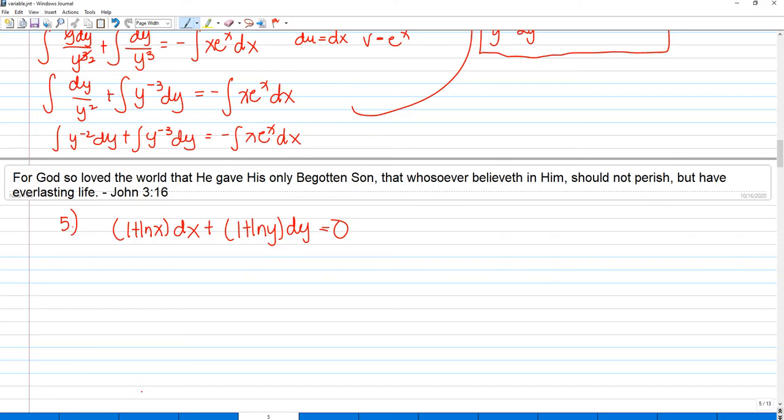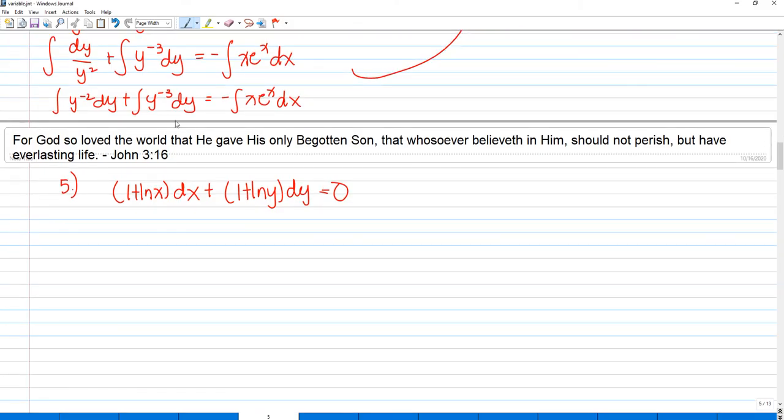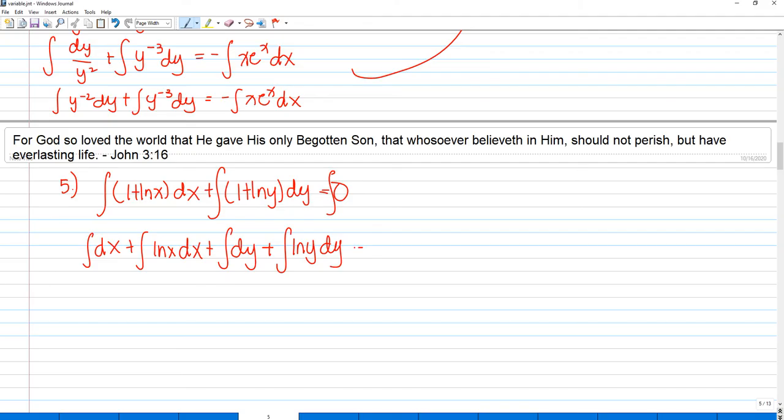This is already arranged, so we can simply get the integral. By properties of integrals, I can separate this: the integral of dx plus the integral of ln of x dx plus the integral of dy plus the integral of ln of y dy equals the integral of 0.